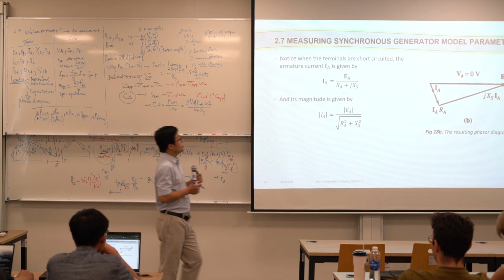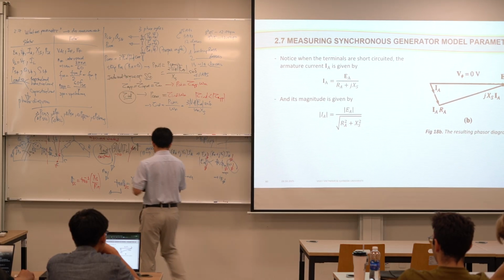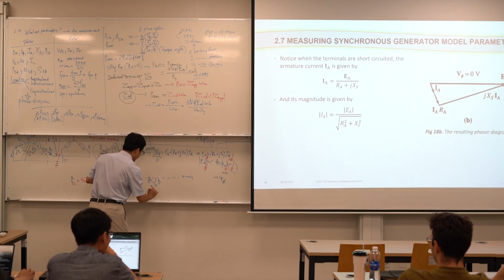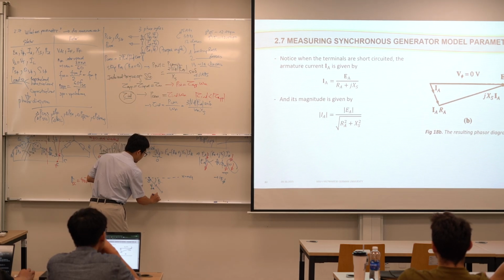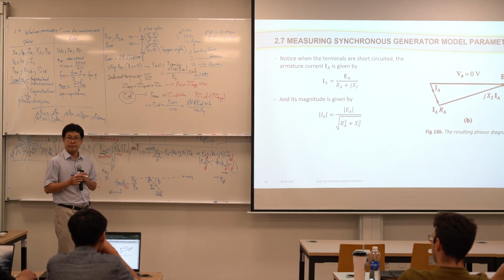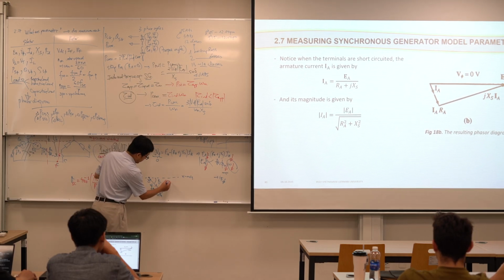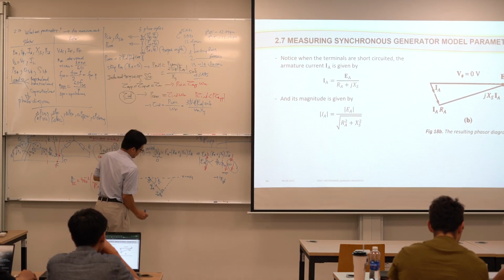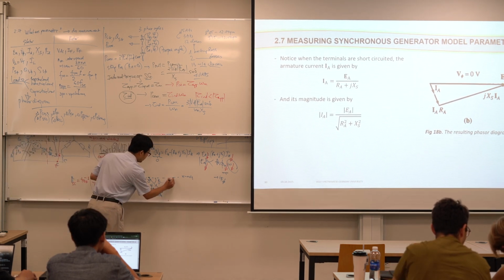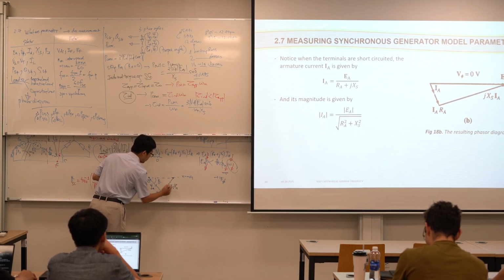So we need to draw IA RA. Maybe shorten it a little bit. This one is IA. So here you can get IA RA, and then we can get here jXS IA.